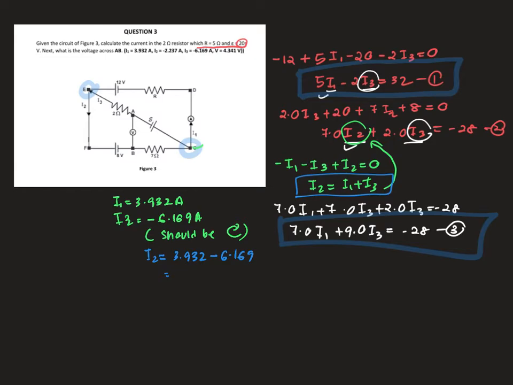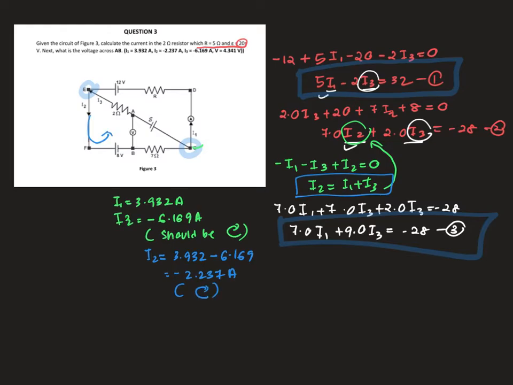So I'm going to get here negative 2.237 ampere. Like I mentioned before, for negative you need to give a statement, so the current for I2 should be clockwise, because now it's moving anti-clockwise.